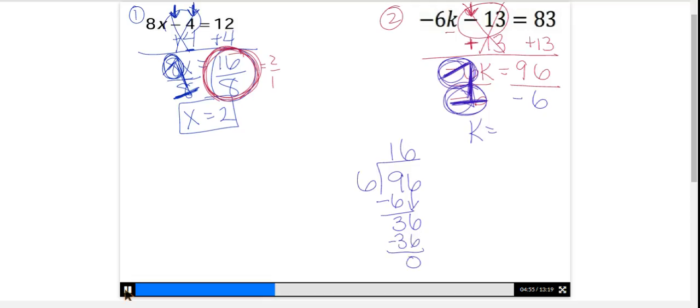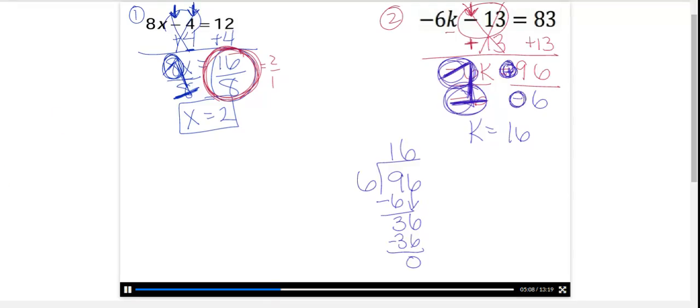And I subtract, and I have 0. So my answer is 16. Okay? But look, I'm dealing with a positive and a negative. My signs are different, so my answer must be negative. The answer is k is equal to negative 16.